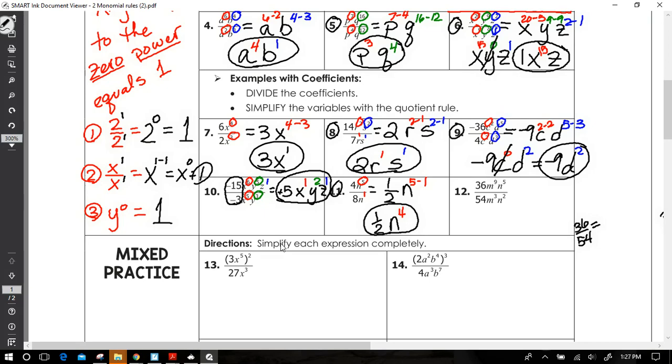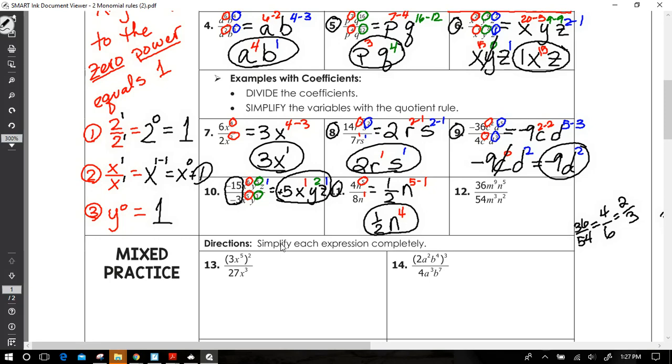So let's divide them both by 9. 36 divided by 9 is 4, and 54 divided by 9 is 6. Okay, so I can actually reduce this a little bit more. 4 and 6 are both divisible by 2. So 4 divided by 2 and 6 divided by 2.